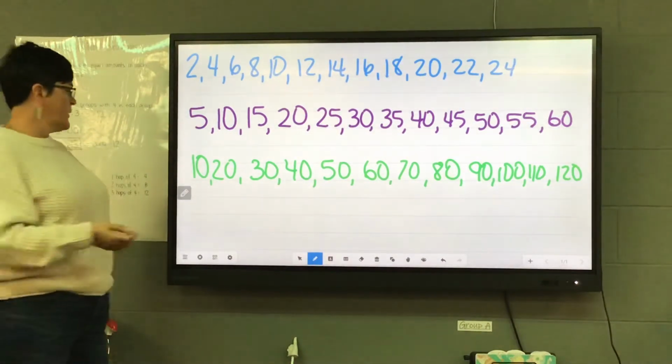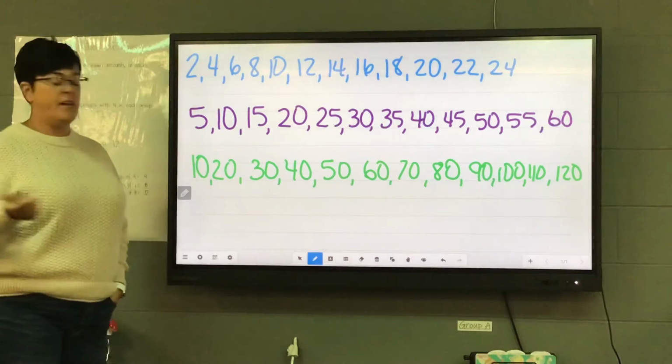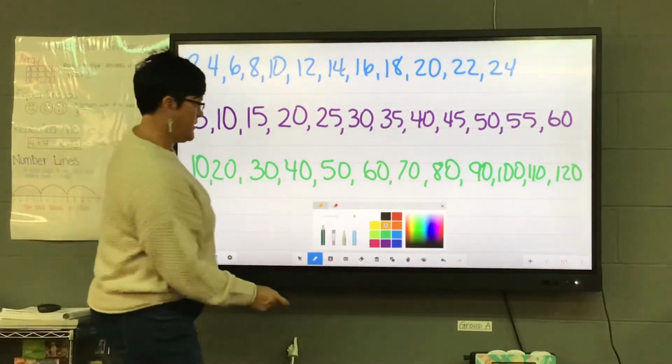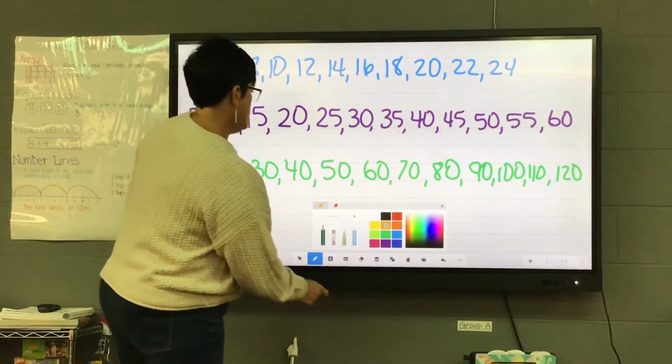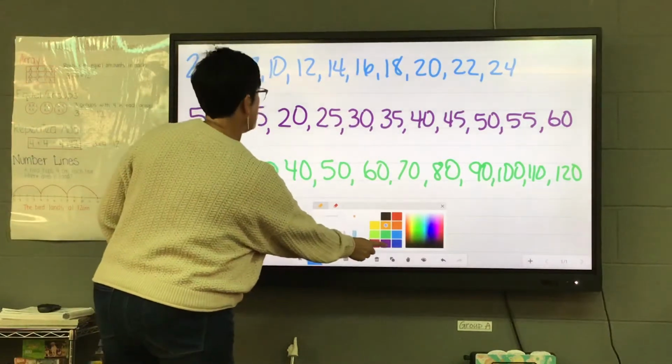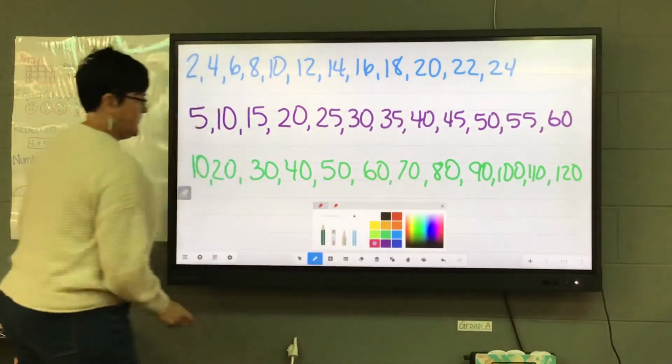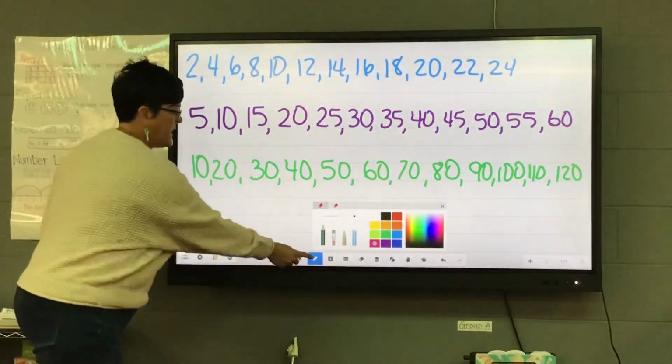Think about when we skip count by ones. Let's put that right underneath the tens. Let me go with a different color though. Pink it is.